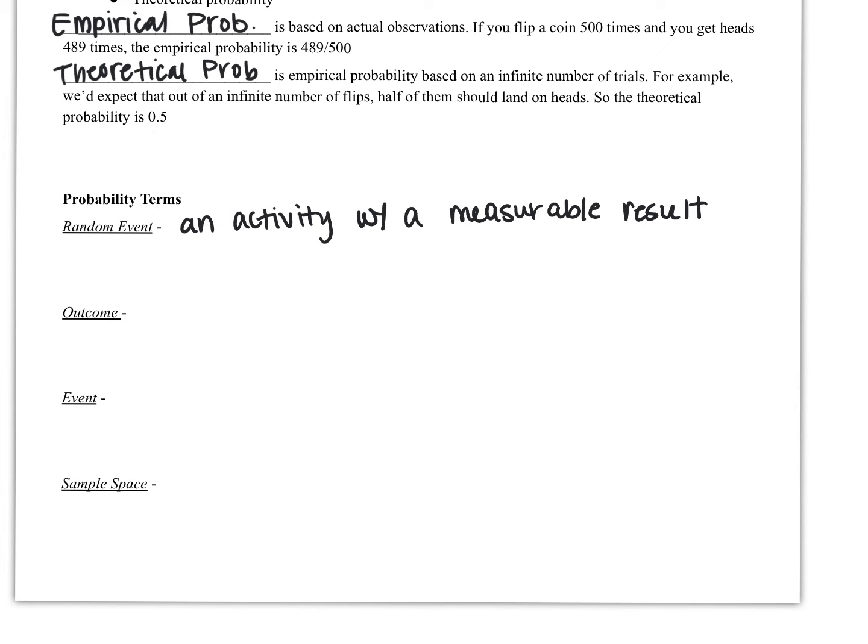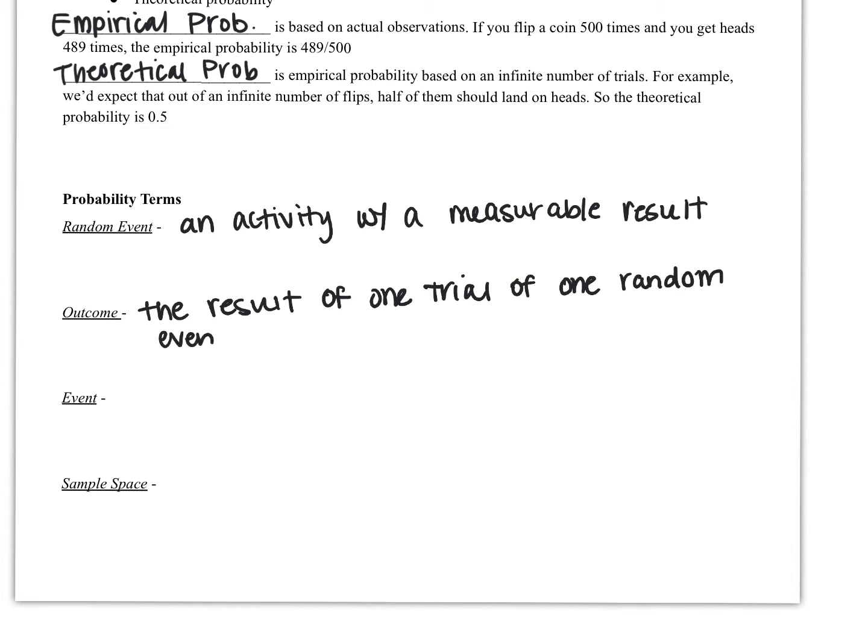The outcome is the result of one trial of one random event. So if I'm looking at a coin landing on heads, I flip that coin. The outcome is if it lands on heads or if it lands on tails.